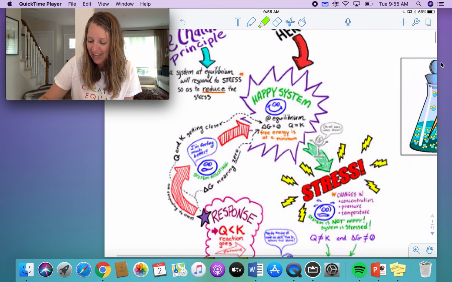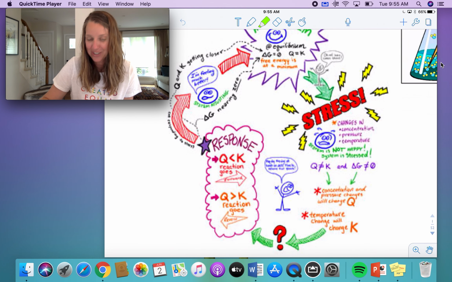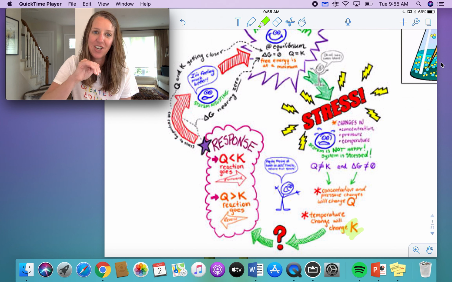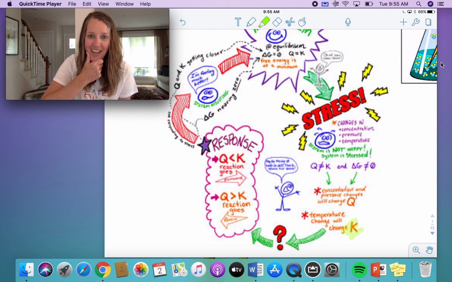What are the stresses that can cause a shift in the equilibrium, make it not happy, and then your equilibrium will be established again? How can you figure that out by calculating the K? The fact that temperature is the only thing that can change the K value. Everything else, the factors stay the same, so you could calculate and get the same K value.